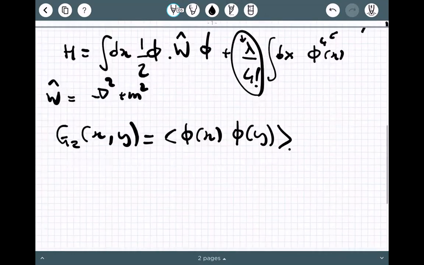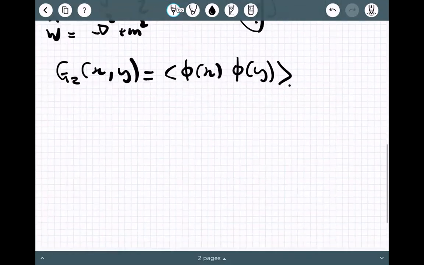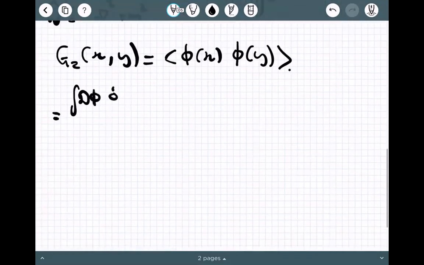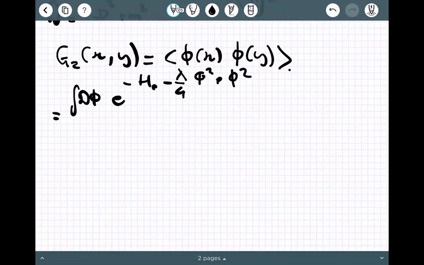So what this correlation function means is a path integral over fields of my Hamiltonian, which includes H naught minus lambda over 4 factorial integral, and I'm going to use my finger, phi square dot phi square, for instance.